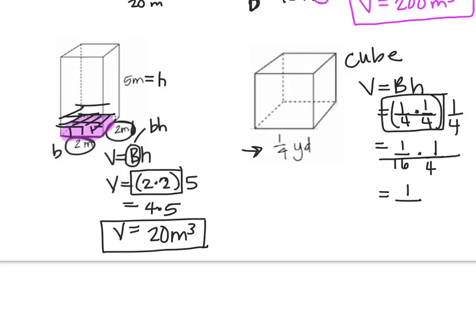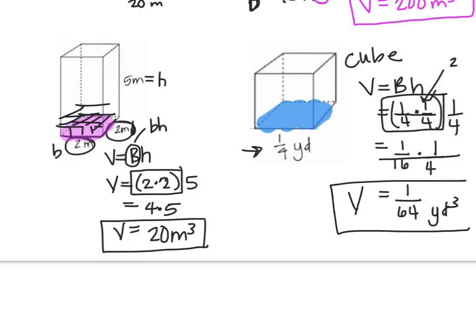Love that. 16 times 4 would be 64. And it would be yards cubed, because remember this guy right here is the squared, it's the base part. So our volume is equal to 1/64 yards cubed.